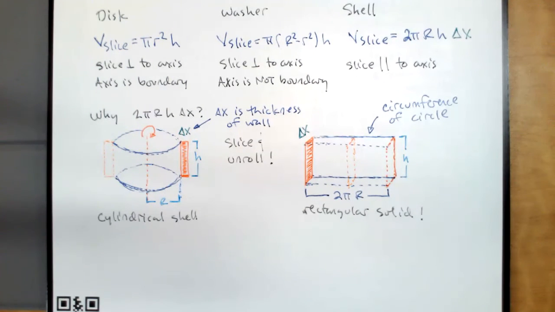It is a rectangular solid, so its volume is length times width times height. Length is 2 pi times the radius. The width is going to be our delta x, the thickness of our wall, and the height is just the height.